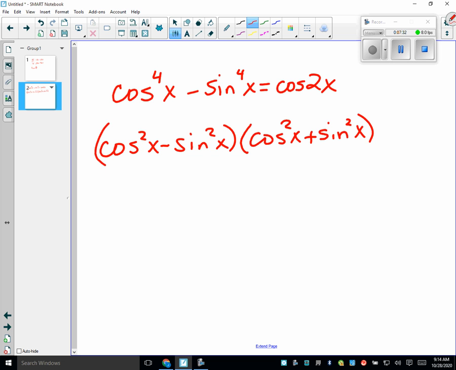Can I do anything else? You can change the sine squared x to cosine. Okay, tell me the possibilities for cosine of 2x. Have you learned them yet? Test is Friday.